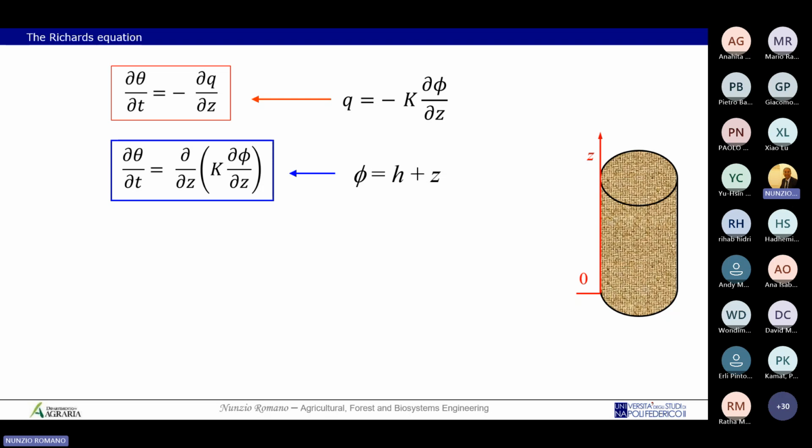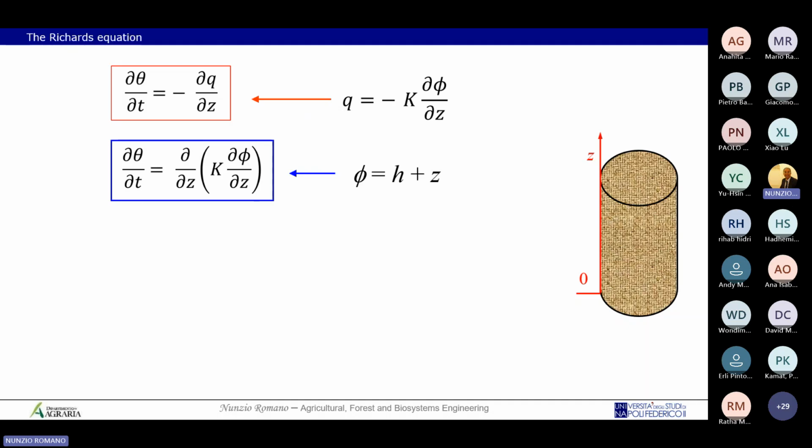This is a 1D equation in the vertical direction, but actually you have flow even in the other two directions. But we discussed the last time that in most practical applications, especially those involving the soil-vegetation water balance, most of the flow can be considered to happen only in the vertical direction.